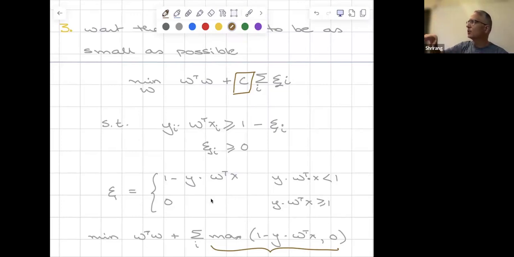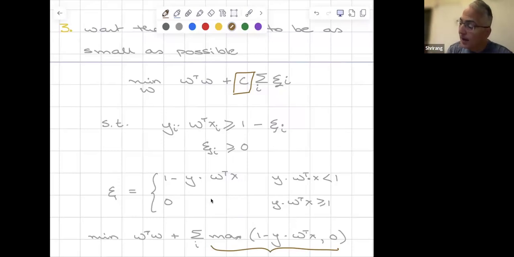We're multiplying it with 0, so it's not being accounted for in the objective function. That could be really bad. You could have many points inside the margin, many points misclassified if we set C equal to 0. But if we set C to higher values, we are giving more weight to the slack variables than to the margin. You get that?